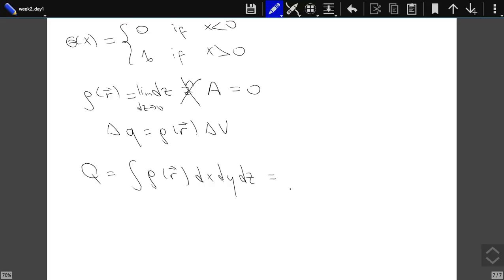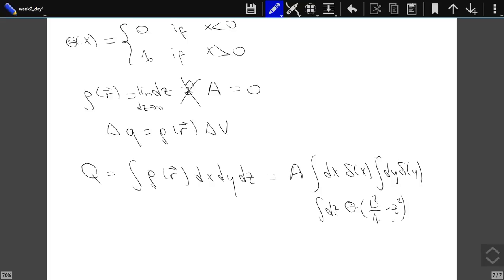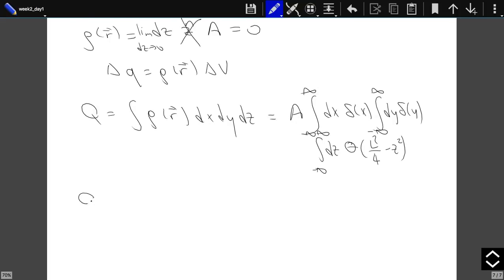So this is equal to A times dx times Dirac delta x, dy times Dirac delta y, dz times step function of L squared over 4 minus z squared. And we are integrating over all of space from minus infinity to plus infinity. Let's start by taking the innermost integral first.